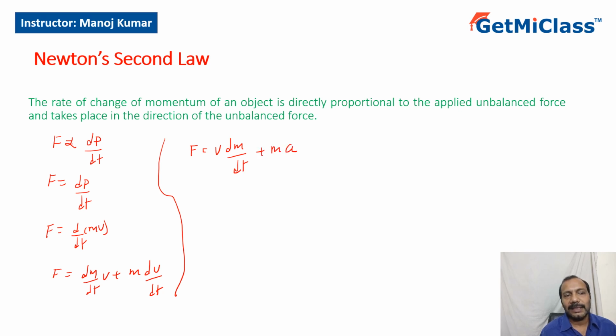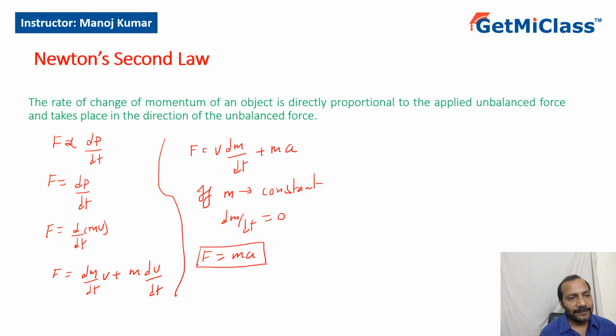Now, what is dm by dt? dm by dt is the rate of change in mass. So, if mass is constant, then dm by dt would be equal to 0, and then we come to the famous relation that we have been remembering, F equal to ma.